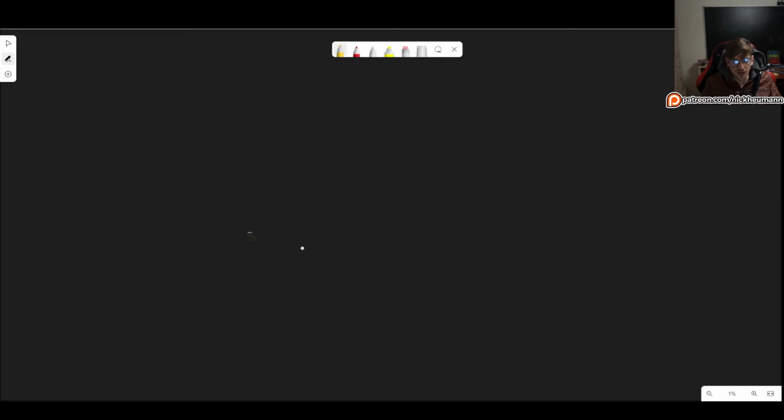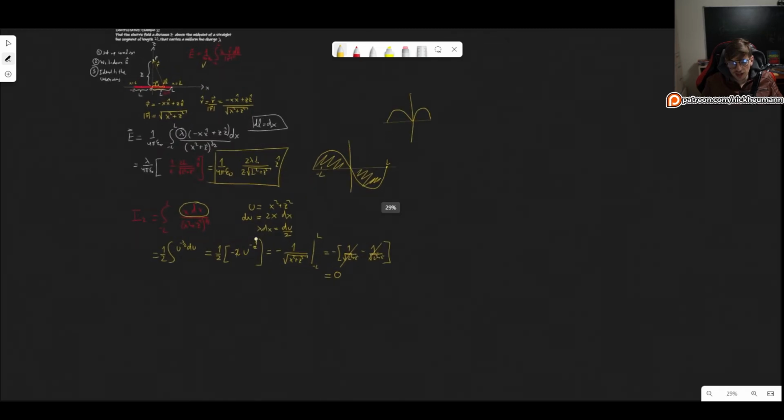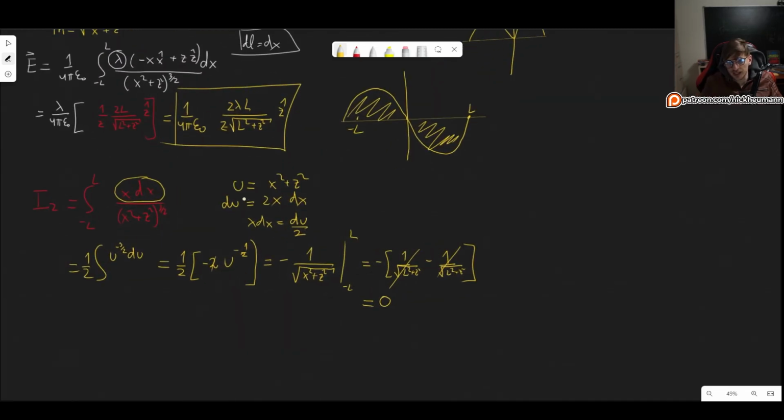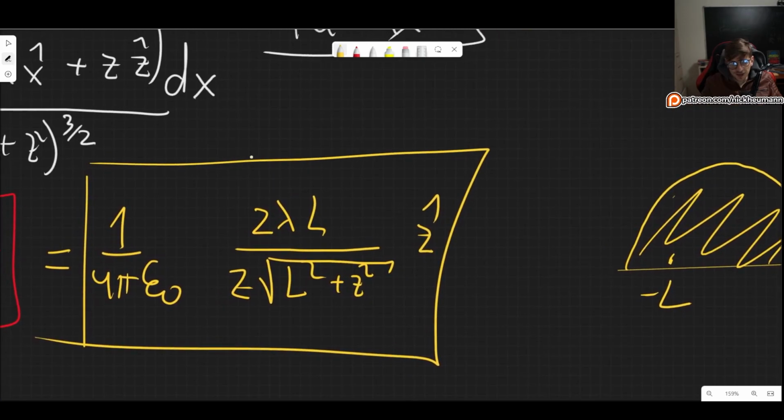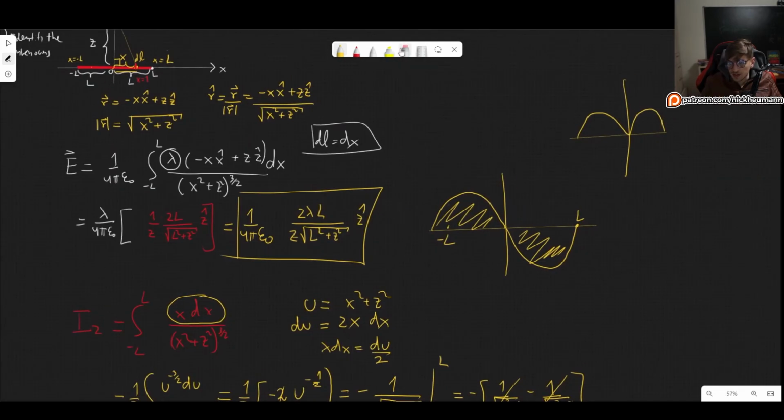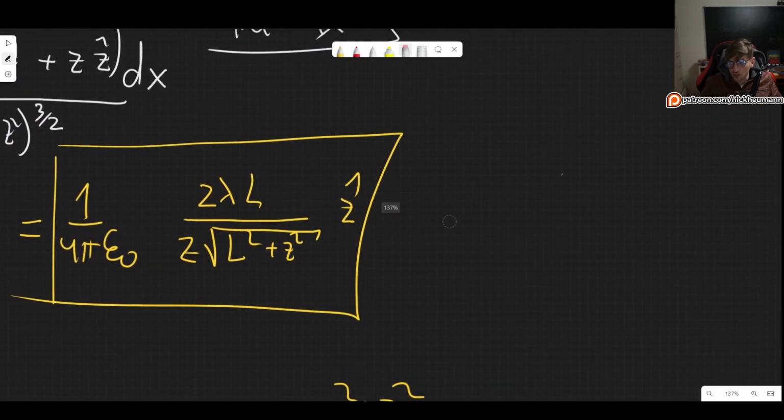So if I'm very far away from this configuration, then you would expect that there would be no difference from simply having a point charge that has the entirety of the electric charge. And let's see. If z ends up being much, much greater than L, then in that case, what we would have is the following.